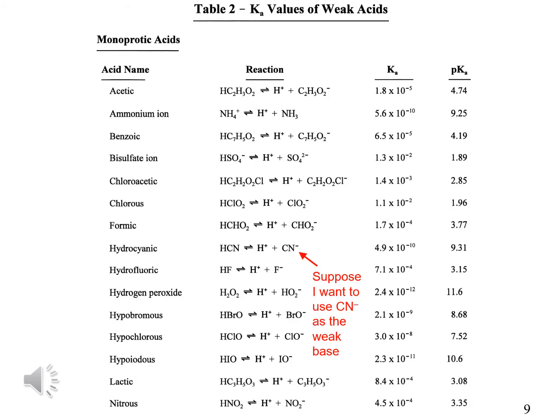Now suppose that instead of mixing a strong acid with ammonia, you want to mix it with a negative ion. The only difference is that if you use one of the negative ions that's a weak base from the Ka table, you have to put a spectator with the negative ion in order to get it to dissolve in solution, because you can't have just the negative ion by itself.